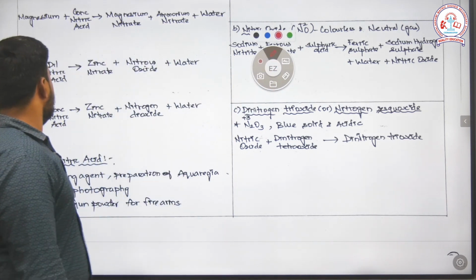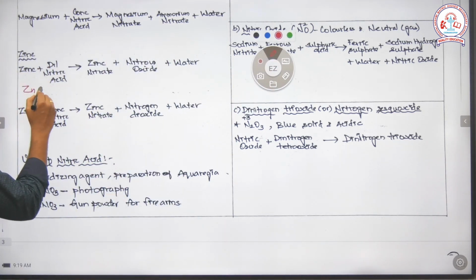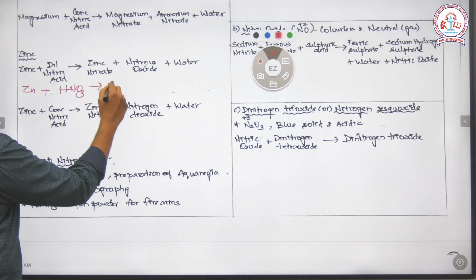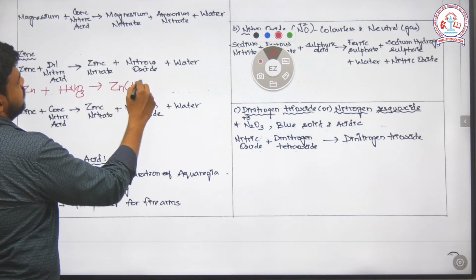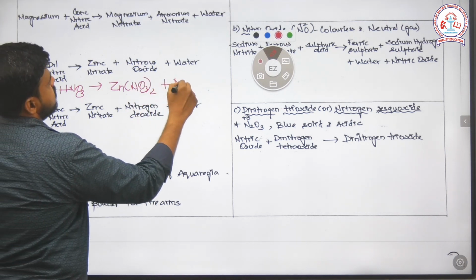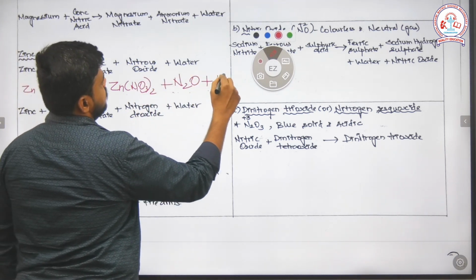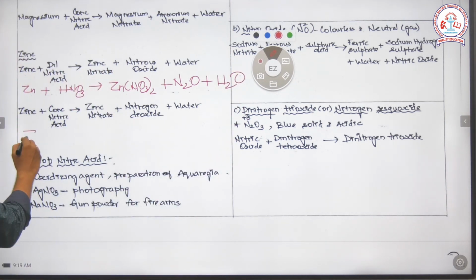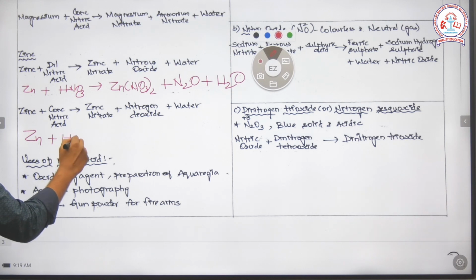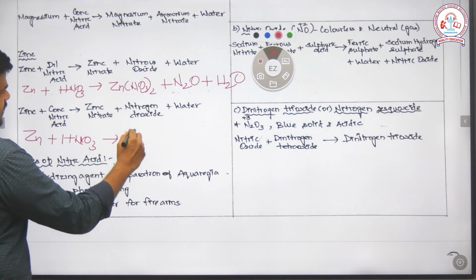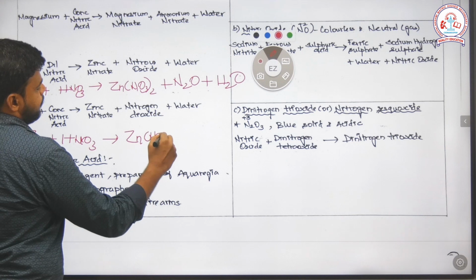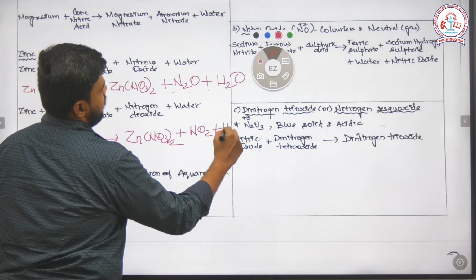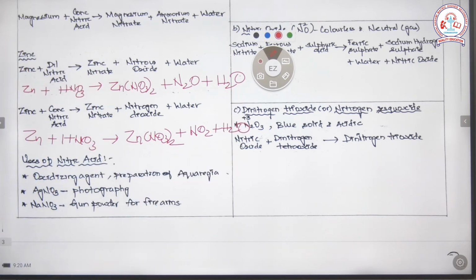Let's check. See, zinc reacts with the dilute nitric acid to form zinc nitrate plus nitrous oxide plus water. Then here also zinc reacts with the nitric acid to form zinc nitrate plus nitrogen dioxide plus water.